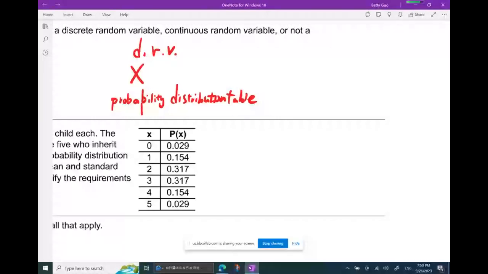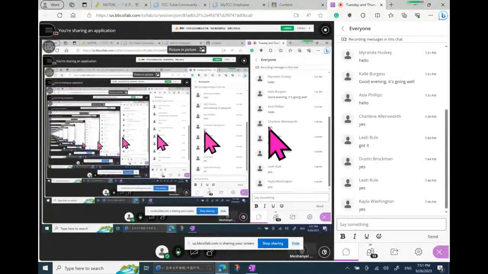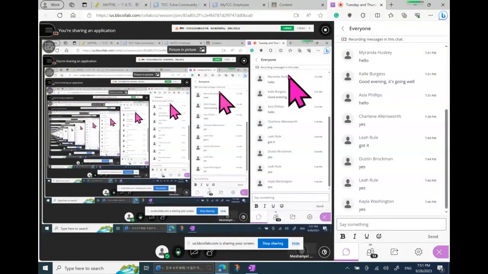Where'd she go? Is the probability distribution table. Any questions so far? Your screen went off and you disappeared, so we didn't hear anything. I am sharing for sure.